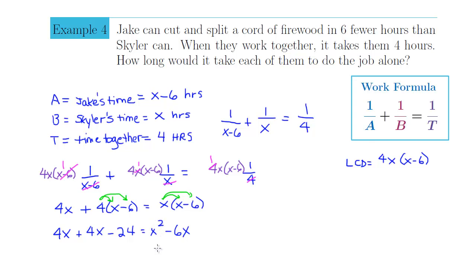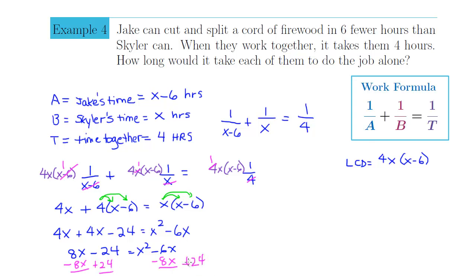And do you remember how to solve those? To solve quadratic equations, we bring all terms to one side and set equal to 0. Before doing so, though, I'm going to put the two 4x's together to give me an 8x. Just makes one less step when we're moving things over. So now we're going to subtract 8x from the left side and the right side to bring it over to the right, and we're going to add 24, right?